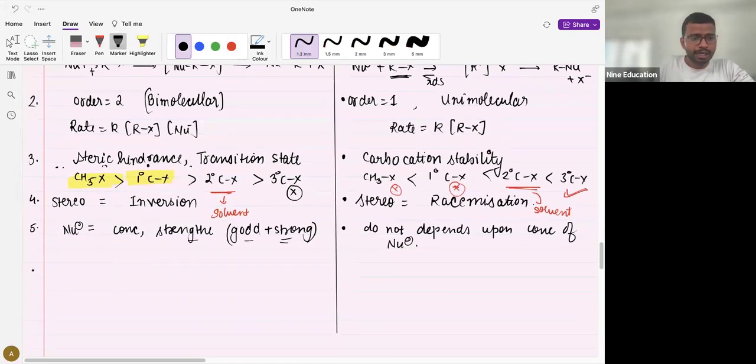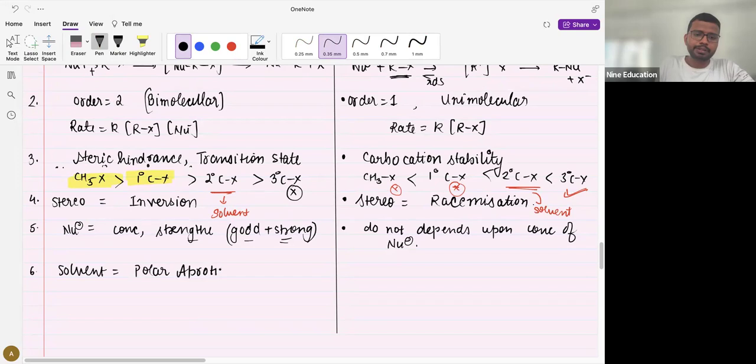And with this, our last thing for today's class. Last thing है क्या? The solvent which you have to use in SN2 is polar aprotic solvent. Polar aprotic solvent examples I am taking: DMF, DMSO (dimethyl sulfoxide) and THF.